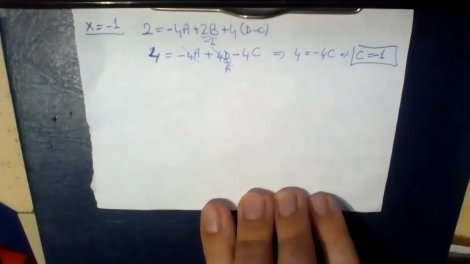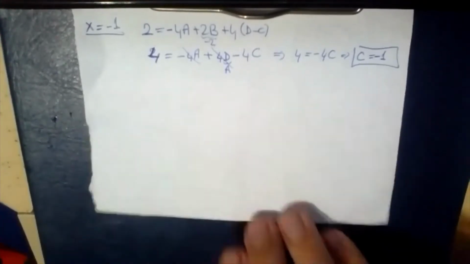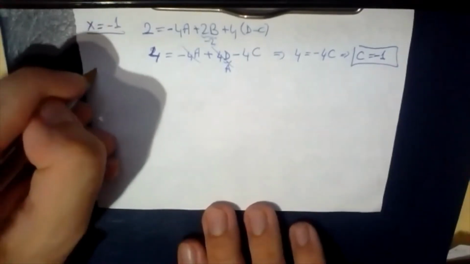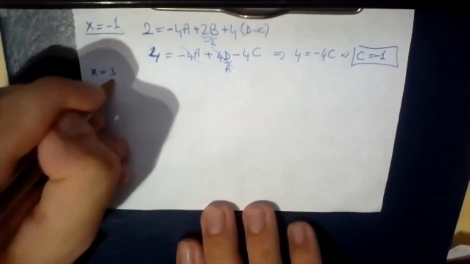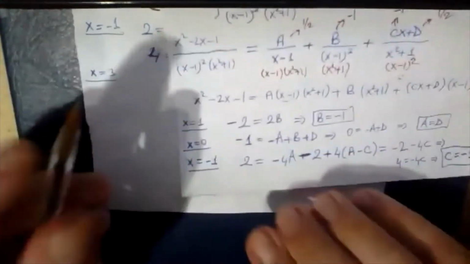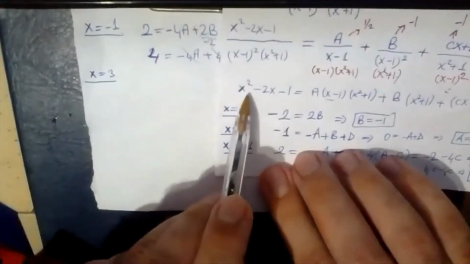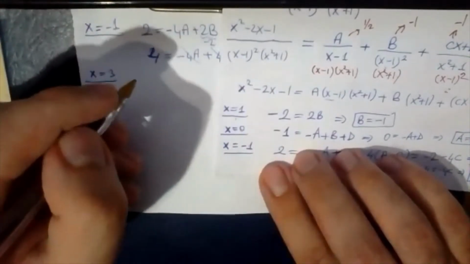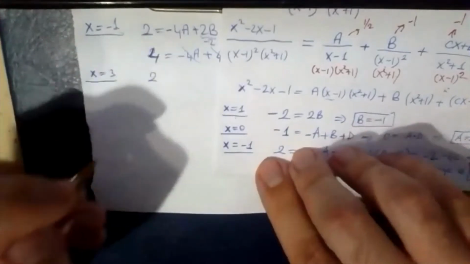What is next? Determining d. To determine d, let x be equal to 3. Then when we let x is equal to 3, 3 square minus 2x minus 1 will be 2.